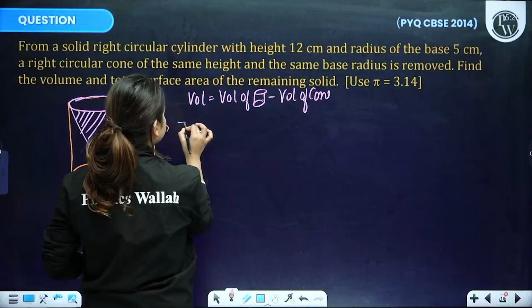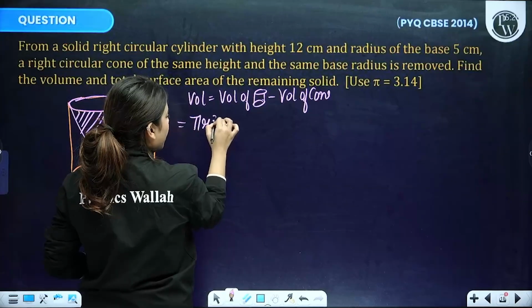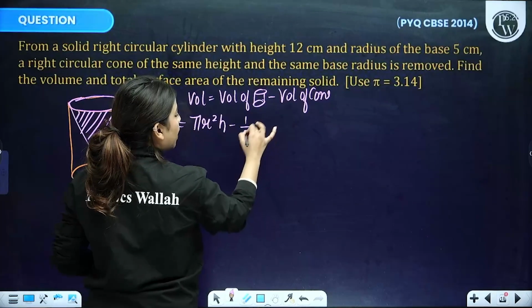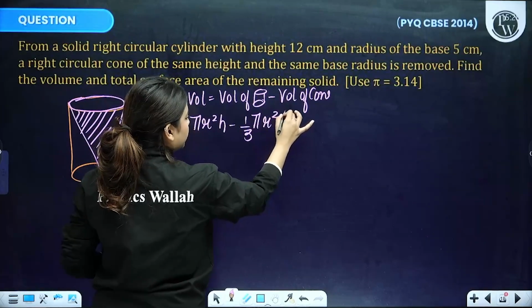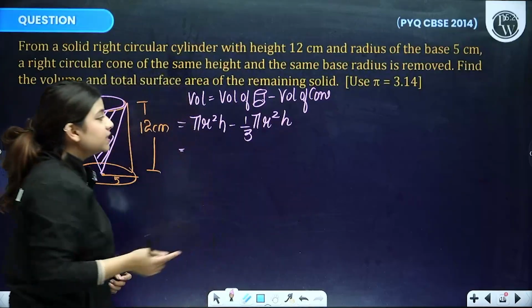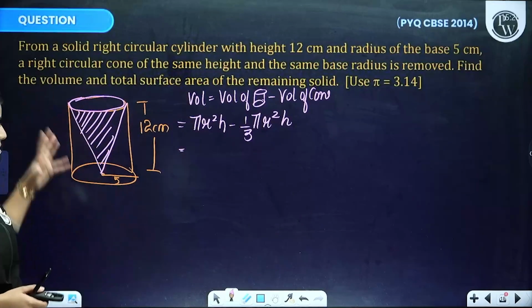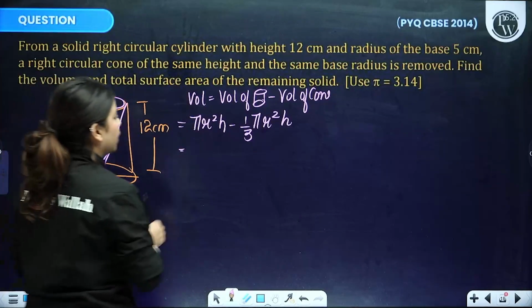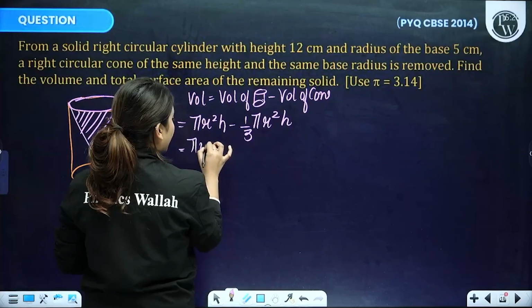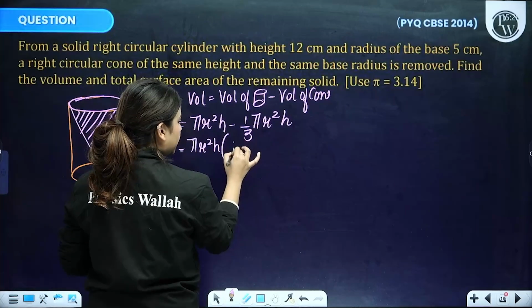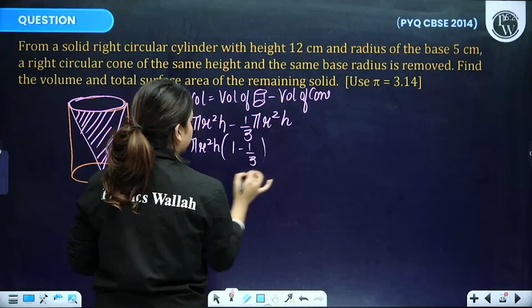So the volume of cylinder is pi r square h minus 1 by 3 pi r square h. The radius is same, right? The height is same. If you want to take out, you can take out pi r square h common. Then you are left with 1 minus 1 by 3.